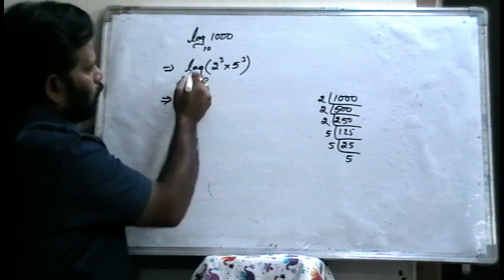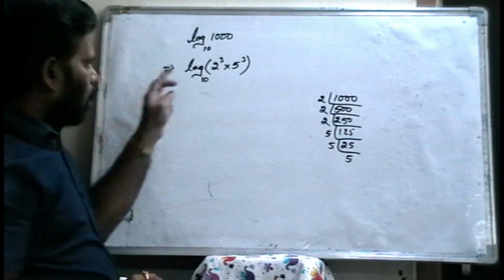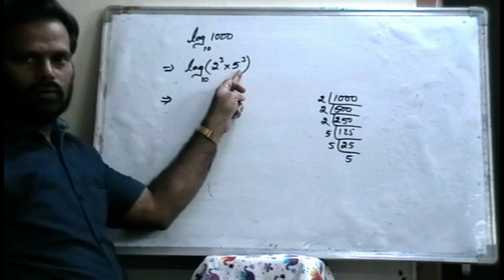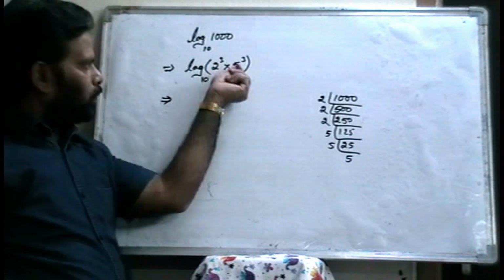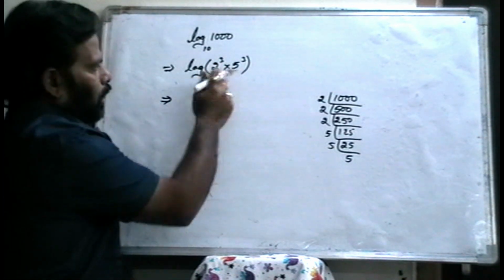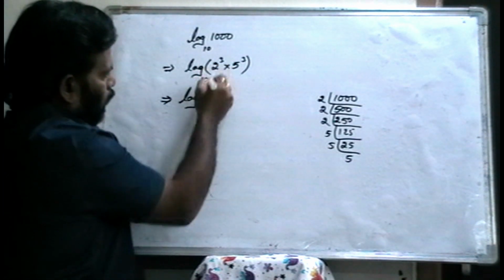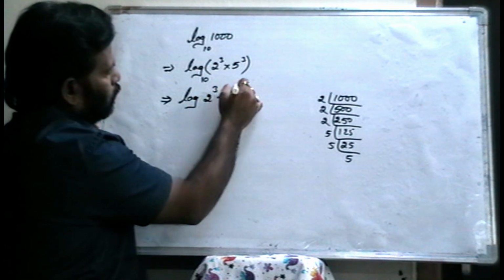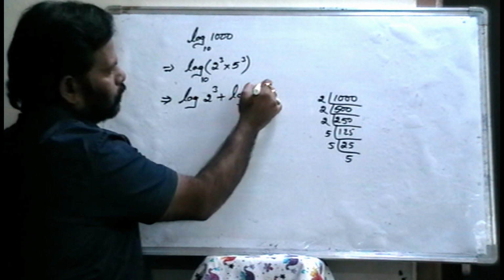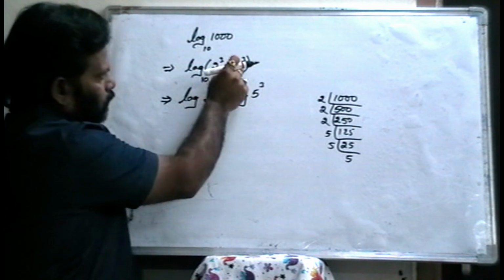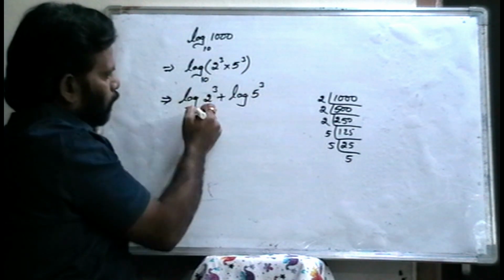That implies it is in the form of log A into B, log AB. Log AB formula is log A plus log B, where A is equal to 2 cube, B is equal to 5 cube, to common base 10.